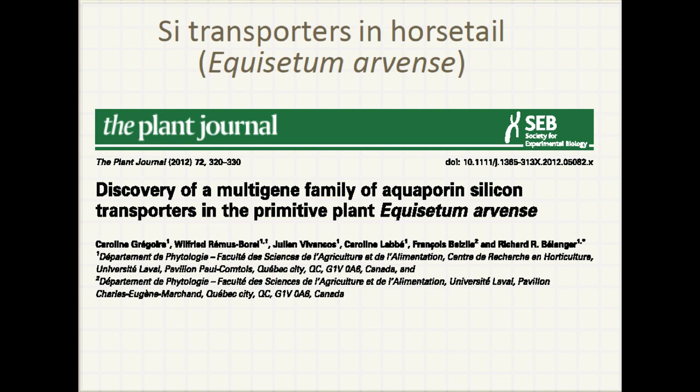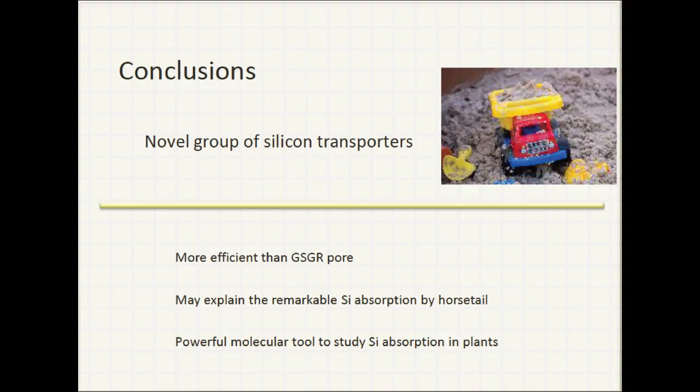For those of you that would like to get a more complete rendition of this story on the cloning of these horsetail transporters, the paper came out this month, so you'll be able to look it up in the Plant Journal. What this has brought us is the discovery of a novel group of silicon transporters that have this ability to import silicon, which seems to be even higher than the one that was previously described in all of the angiosperms that have been looked at before.